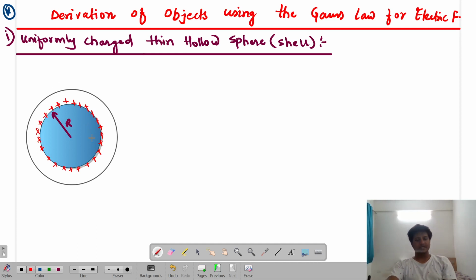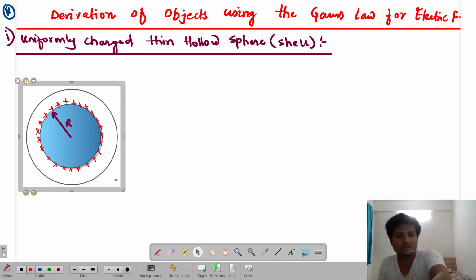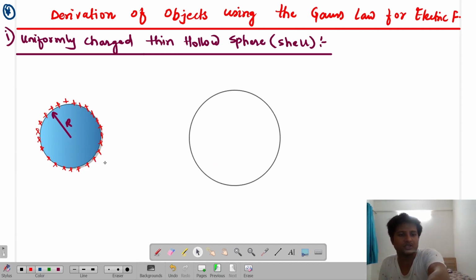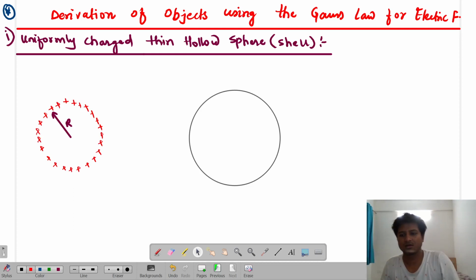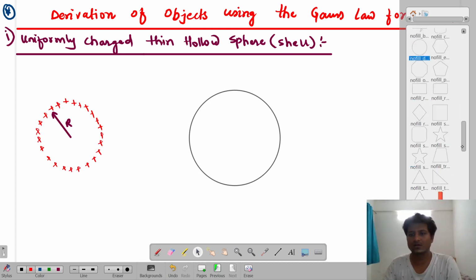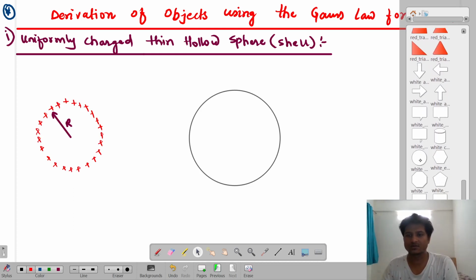Means the density is uniform, right or not? So let's suppose the uniformly charged sphere. I think I should take one minute. I should take another picture. Basically, I need to take a sphere as white.